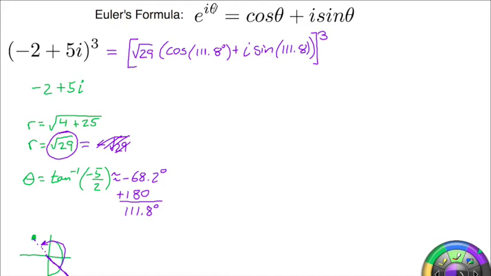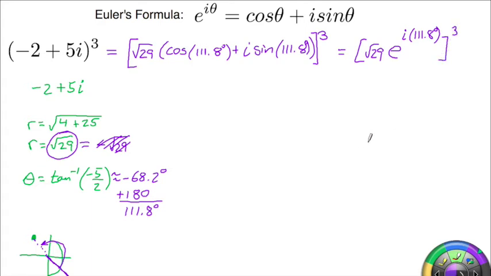So the only thing I have to note is the argument. So this is going to become the bracket, square root of 29 e to the i, and then the theta is that 111.8 degrees. Oops, I forgot my degree there. All right, and then this is going to be raised to the third power.